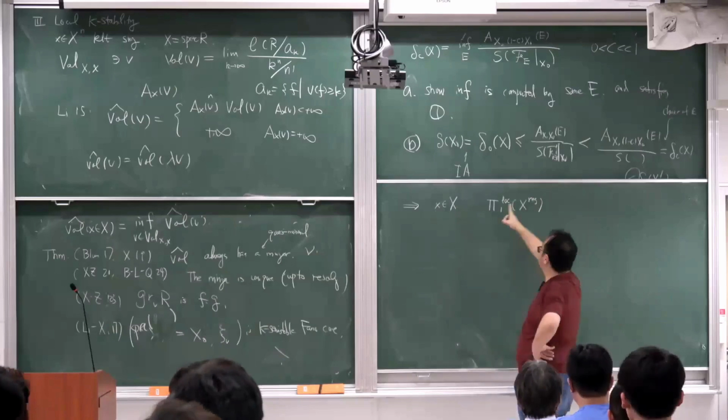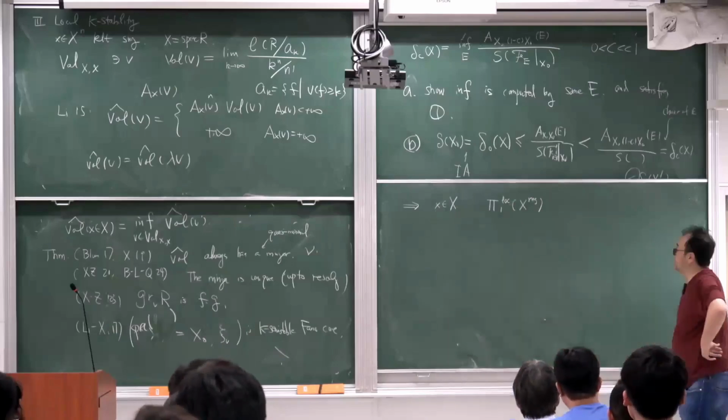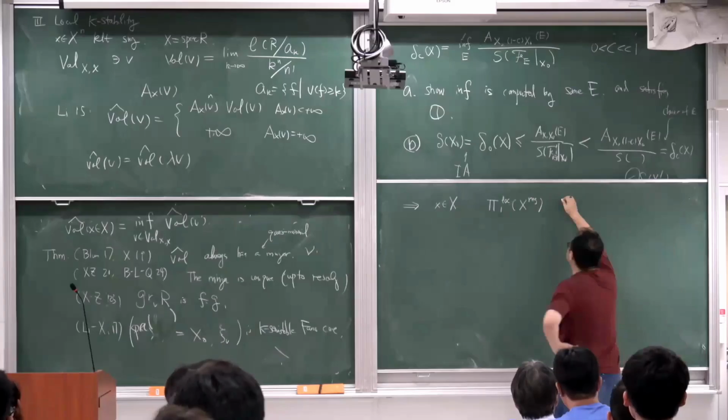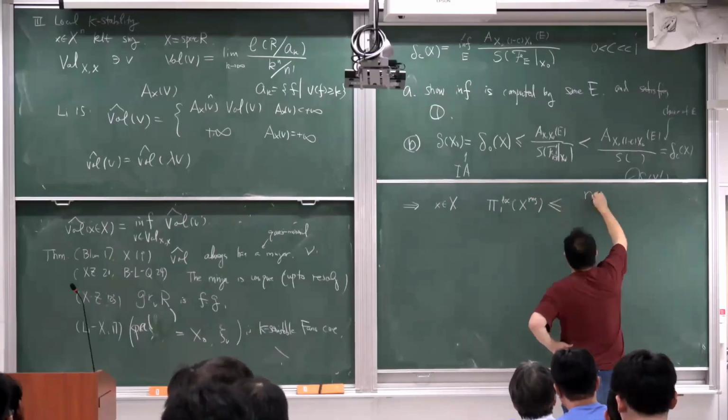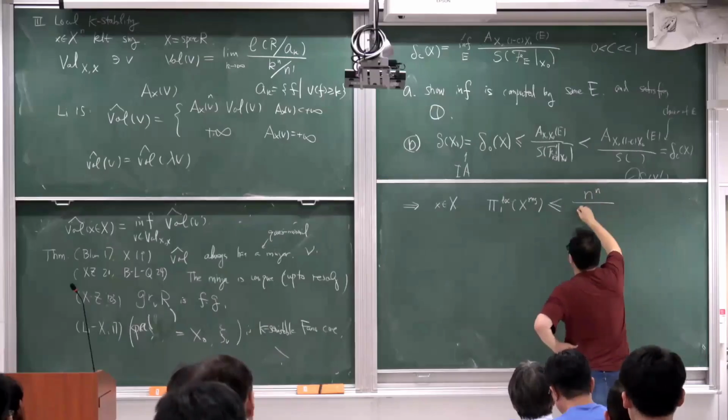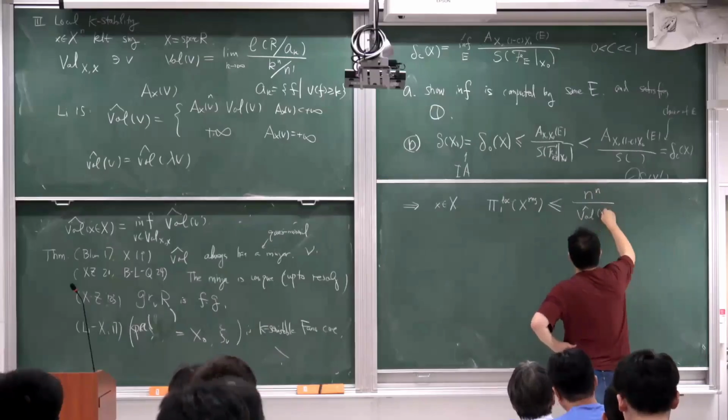So this I call the local fundamental group. This is smaller or equal to n power n divided by the volume of x.